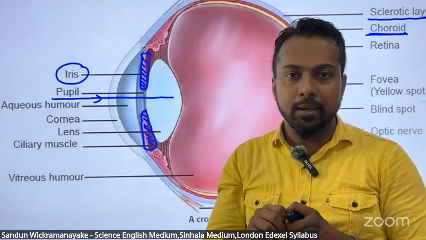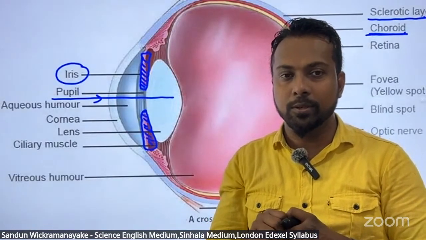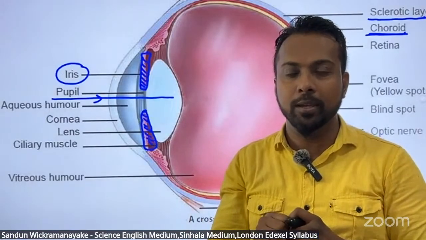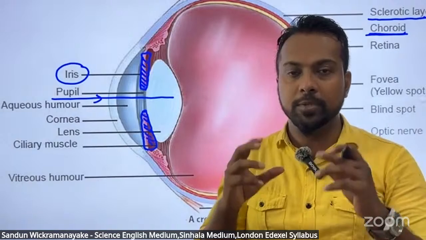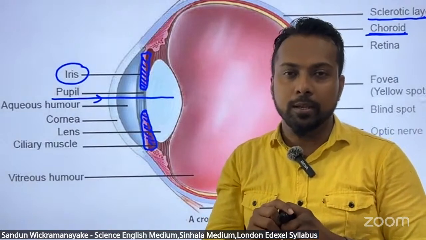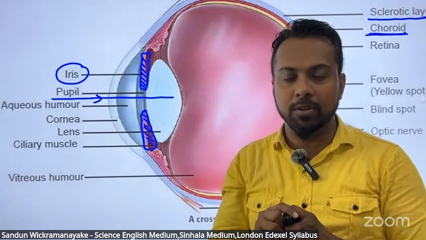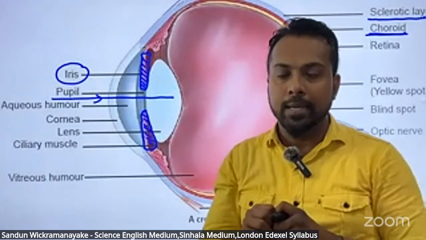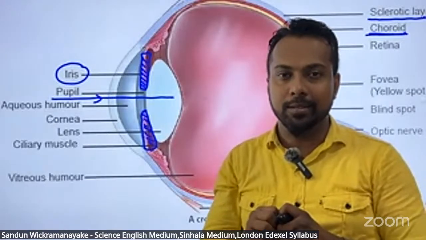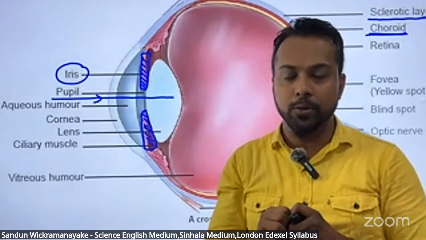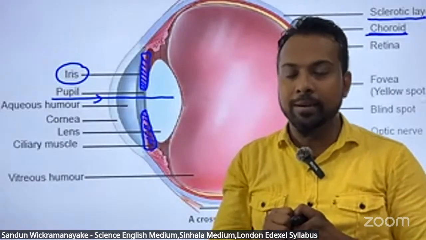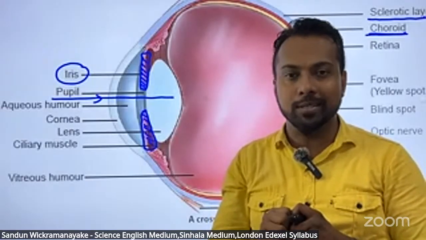You will do the bioscience stream, biology and physics and chemistry, for your A levels. If you do that, you will become a doctor here or overseas.